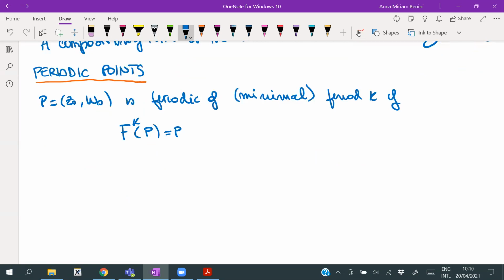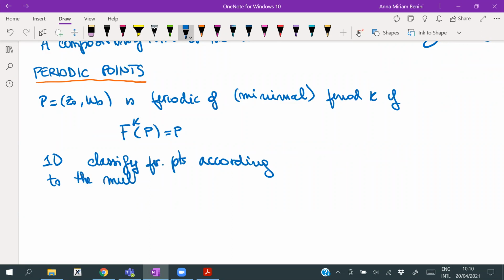This is just the same definition that we have in one variable, and there is nothing mysterious about it. So in one variable, you classify periodic points according to the multiplier. What is the multiplier? If k is your period, their multiplier is the derivative of f to the k, prime, calculated in your point.